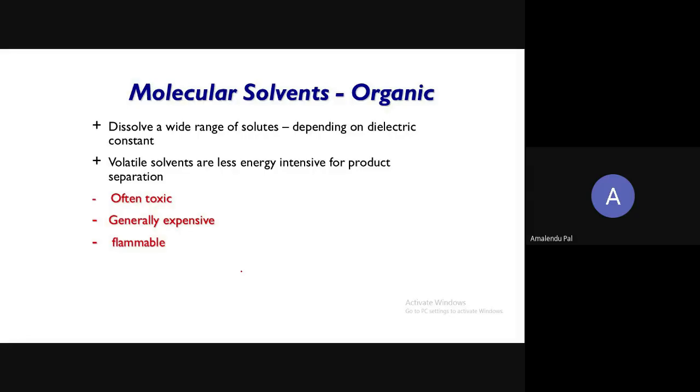So that's why volatile solvents are less energy intensive for product separation. But an organic solvent is toxic, that's a very, very important word, and generally expensive also. And most organic solvents are flammable also. So you see the situation: for molecular solvents only these two points are better. If the dielectric constant is high, it is okay, you can dissolve most of the solutes. And you can use a low energy solvent for product separation because it can evaporate very early.